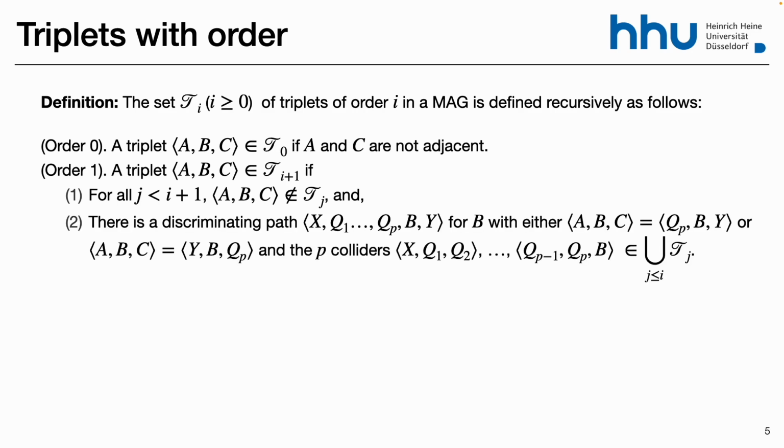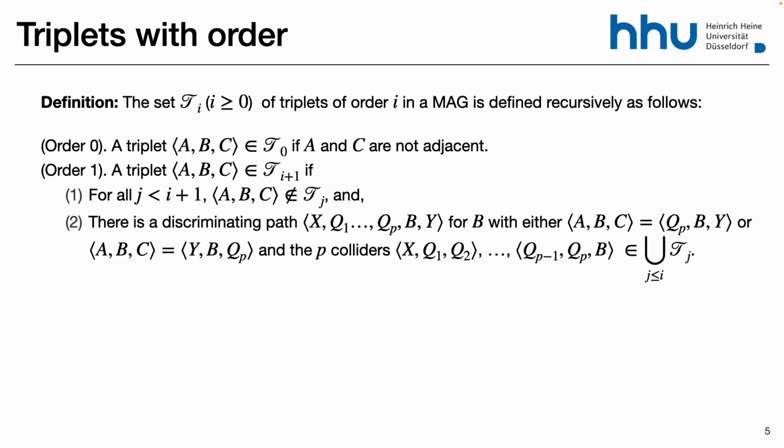I think it's better to read directly here. So first, it's going to be described by a discriminating path, right? And since the discriminating path is a collider path, all the colliders in this discriminating path have to be of lower order. So that's what's written in this case here.